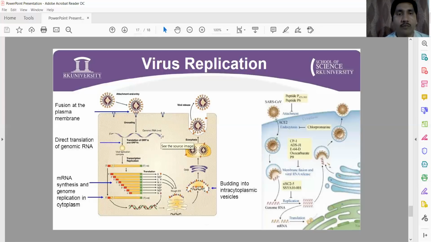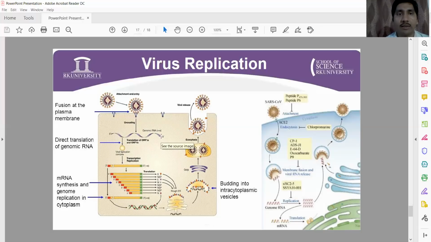So in the first phase, when the positive sense RNA is translated, it codes for the early proteins. These early proteins make the enzymes which are required in the later stage for reverse transcription of the positive sense RNA. Now, why is it required?